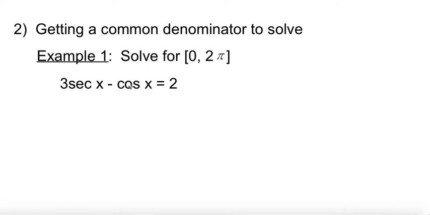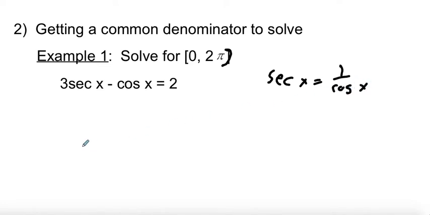So sometimes we have to get a common denominator in order for us to solve these. So let's do that. The one we're going to use this time, you see you've got 2 different trig functions. You've got secant and you've got cosine. But we can rewrite secant in terms of cosine.